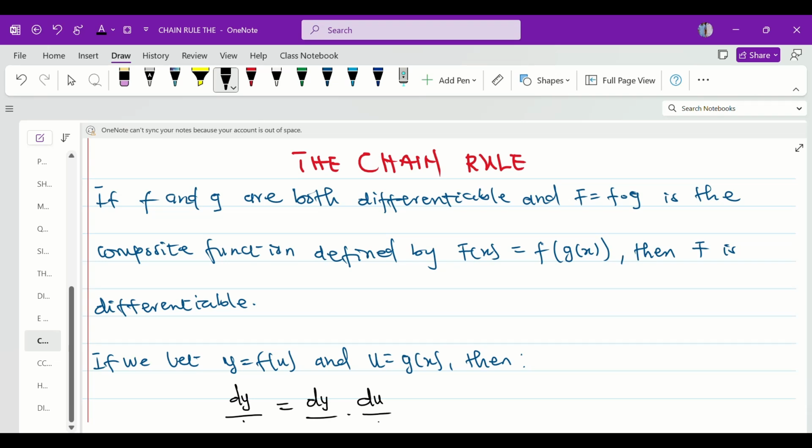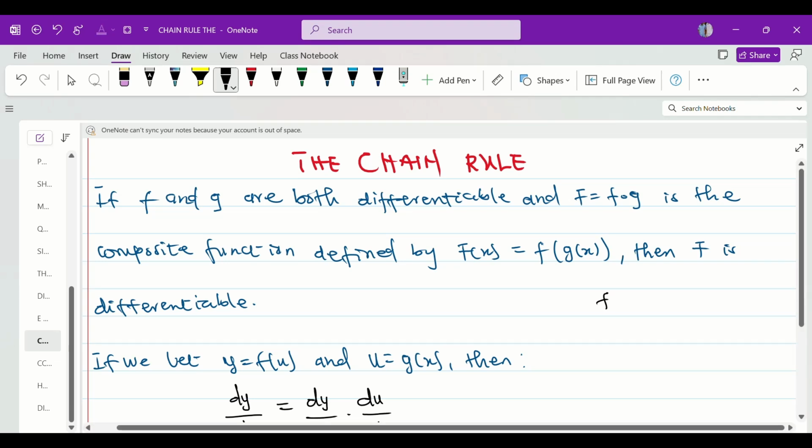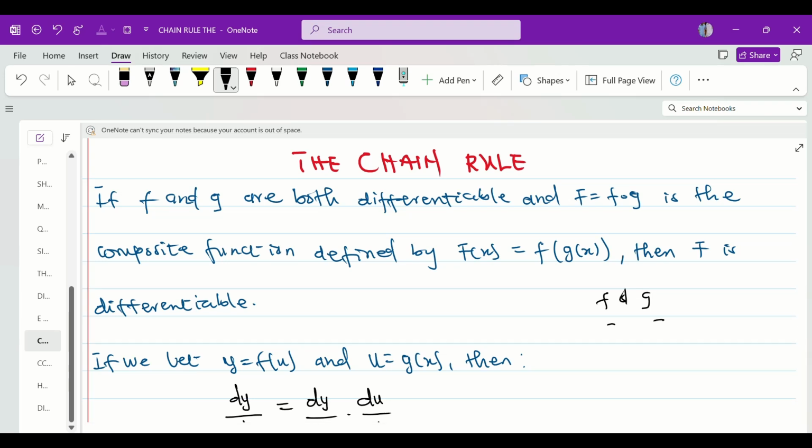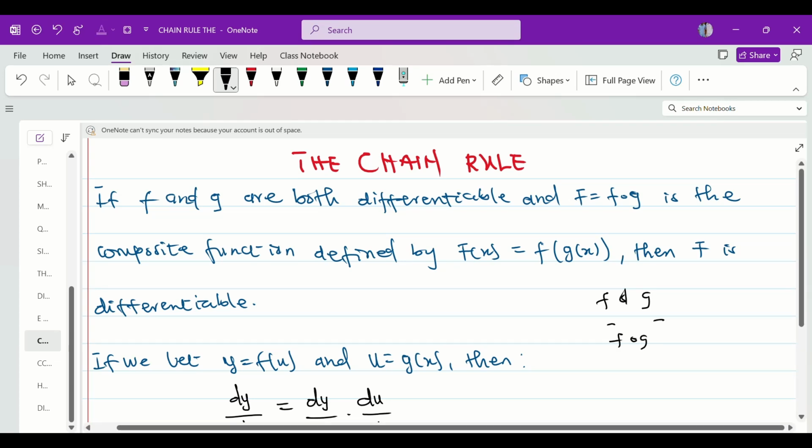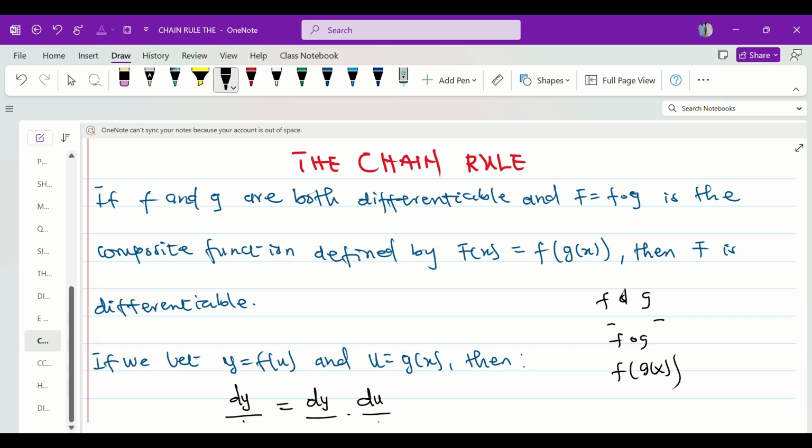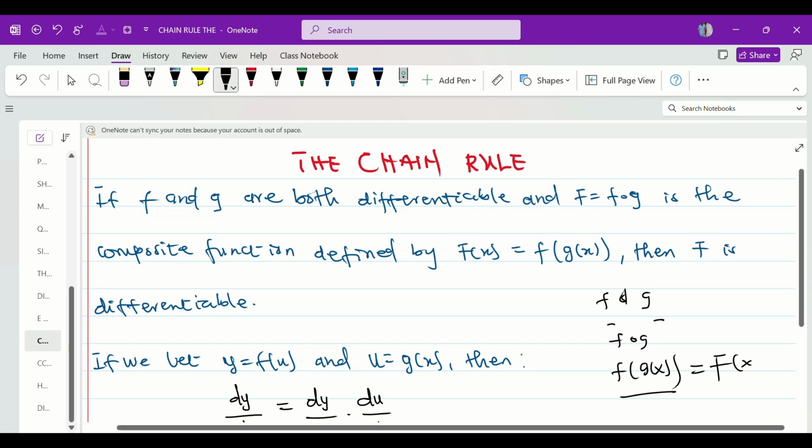What this means is that if we have f and g, which are both differentiable, then their composition, f composition g, defined by f of g of x, is also differentiable. So F of x is differentiable. That is what it is saying.